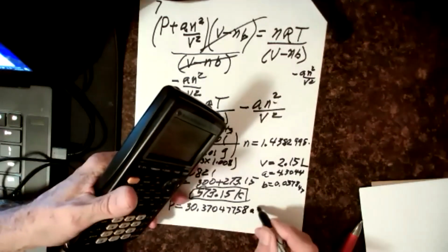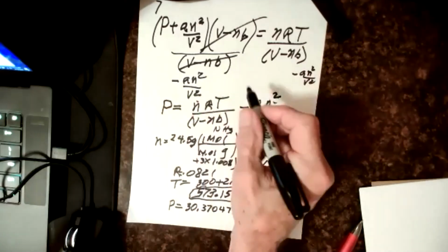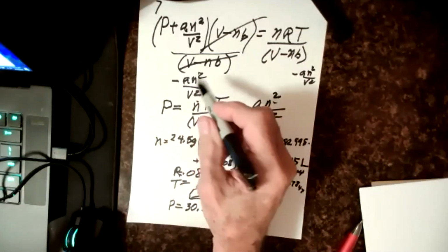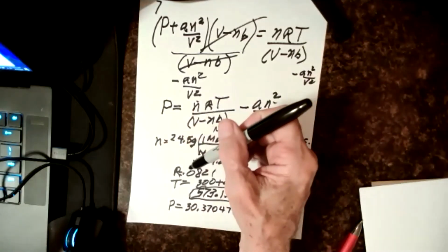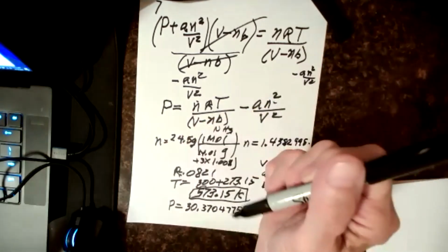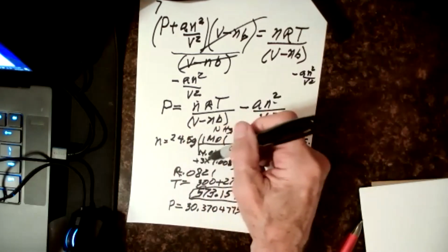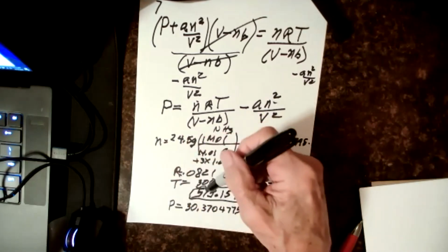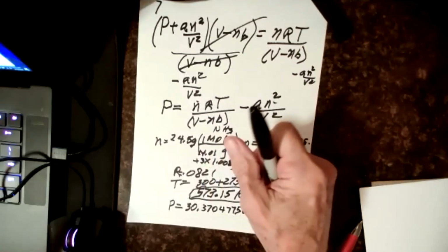Atmospheres. And when I'm doing any one of these equations, the first pressure unit I'm going to get is atmospheres because I'm going to use R as 0.0821. I don't remember what the value of R is in pascals or kilopascals or some other pressure unit. But I do remember what it is when I'm using atmospheres as pressure unit. So when I set up the problem, my number on my calculator has the unit of atmospheres.